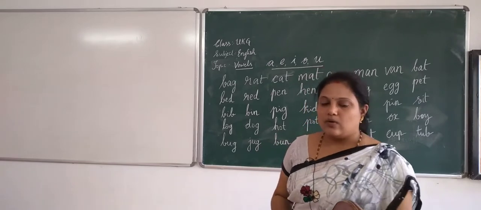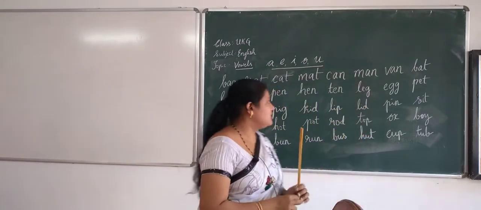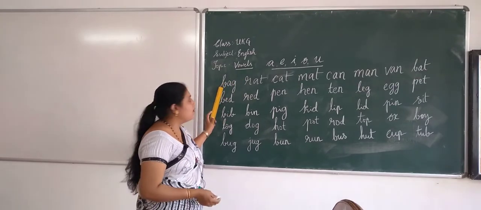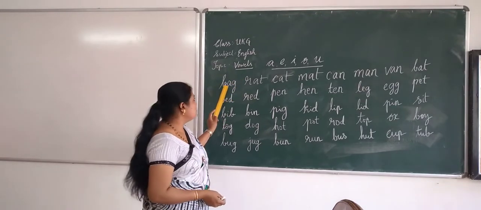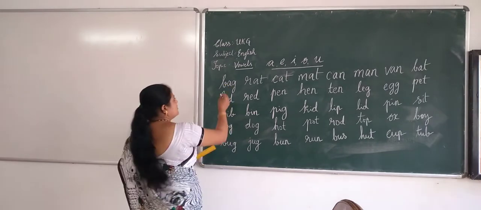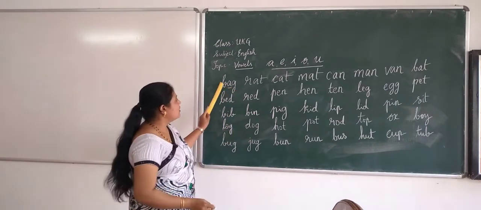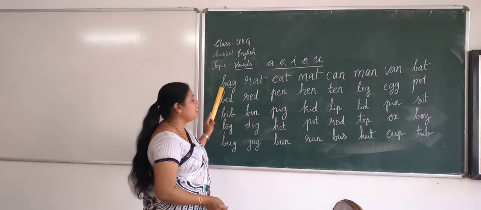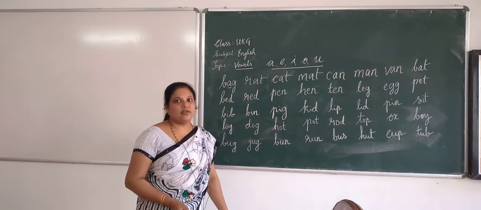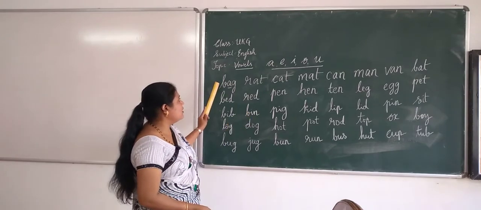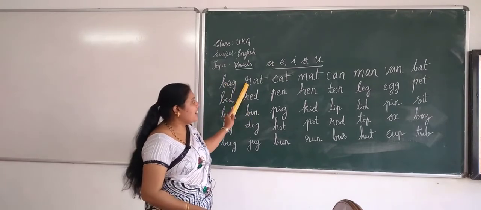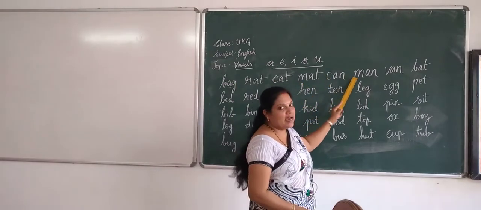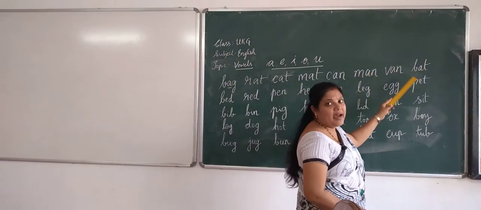Now, let us see some words related to these vowels. Children, here I have written bag. Can you see A in this? See the words which have the vowel letter; these are the vowel words. Read it louder: bag, rat, cat, mat, can, man, van, bat.